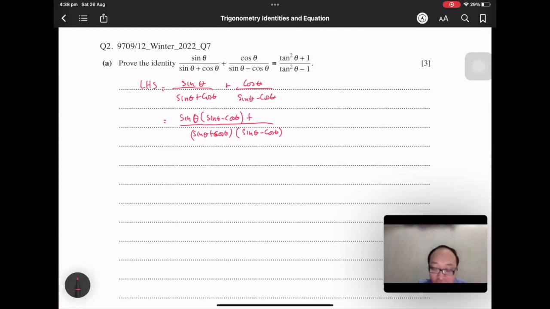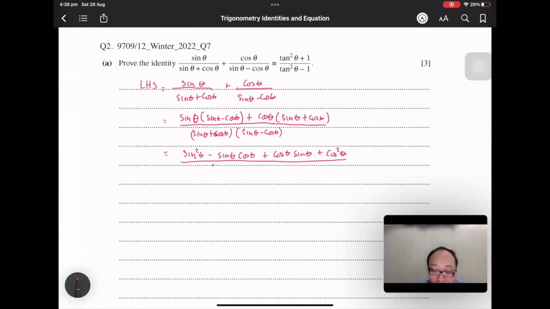For the second fraction, cos theta is multiplied by sin theta plus cos theta. So in here, I can have sin square theta minus sin theta cos theta plus cos theta sin theta plus cos square theta over the bottom.